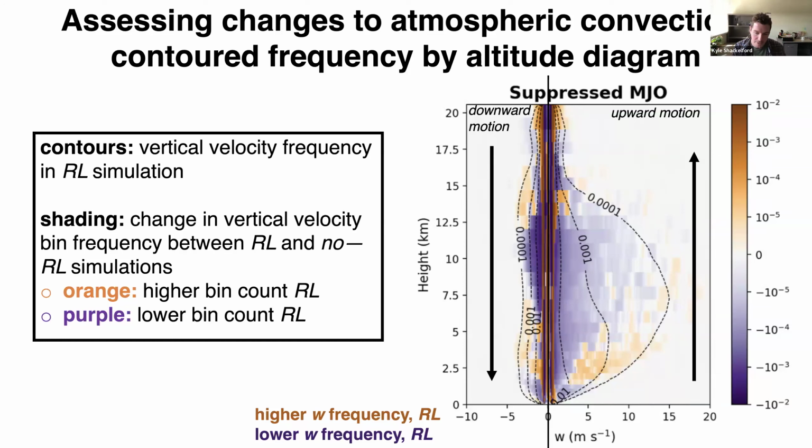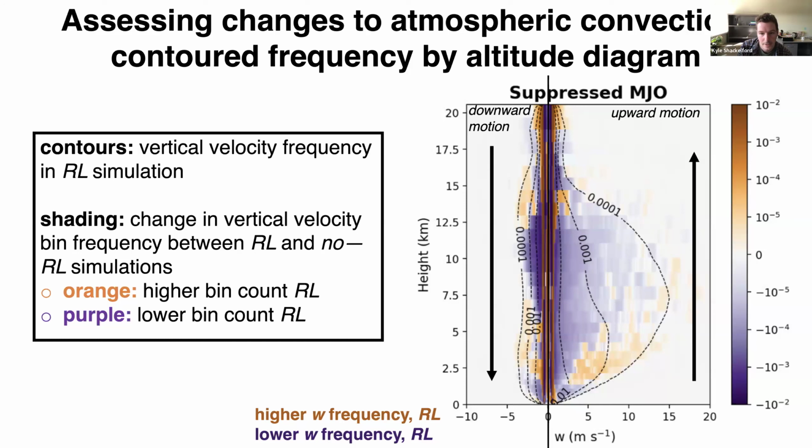On the left-hand side, you have downward motion or negative vertical velocity. The dashed contours here show the vertical velocity frequency in the rain layer simulation, whereas the shading shows the change in vertical velocity bin frequency between the rain layer and no rain layer simulation. So the orange shading indicates a higher bin count with rain layers, whereas the purple shading represents a lower bin count with rain layers.